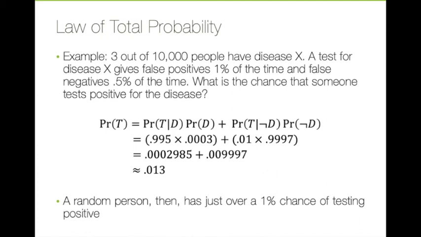That product gets added to the product of the chance that someone tests positive given that they don't have the disease times the chance that someone doesn't have the disease. So that's 0.01 times 0.9997. Our final answer is approximately 0.01, which tells us that a random person has just over a 1% chance of testing positive for this disease.